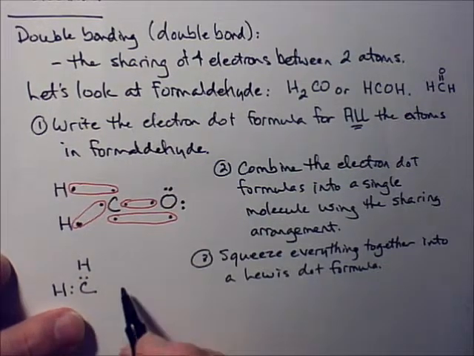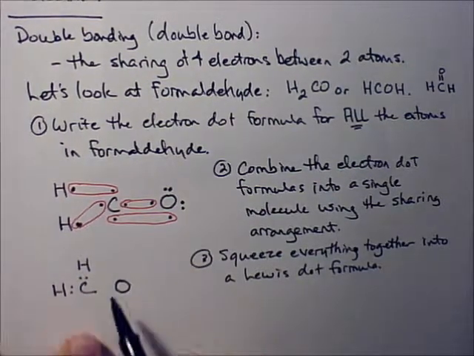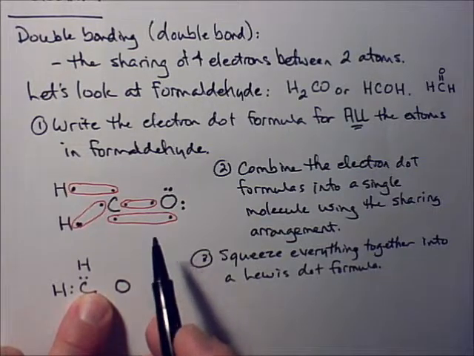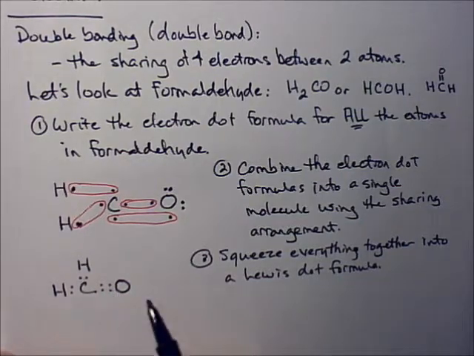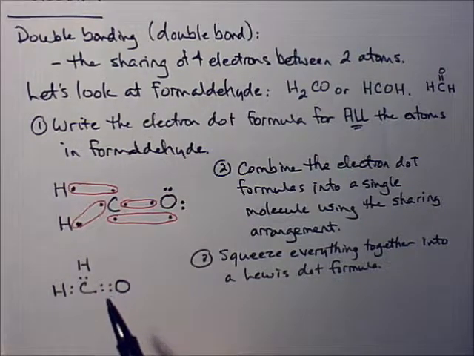The oxygen over here, you're going to have 4 electrons in between. We're not going to put them 1, 2, 3, 4 vertically. The accepted way to write a double bond in this Lewis dot formula system is like this, like the 4 corners of a box.